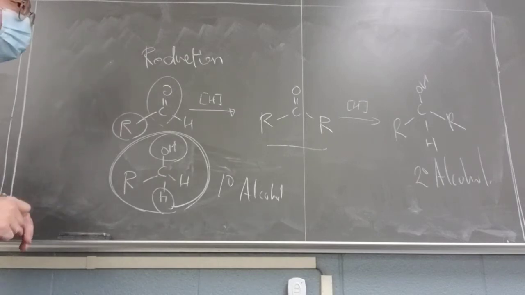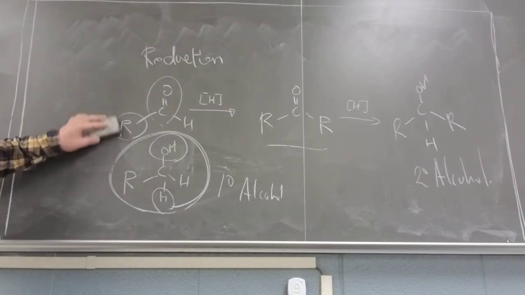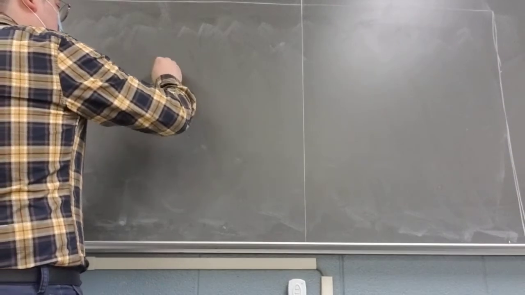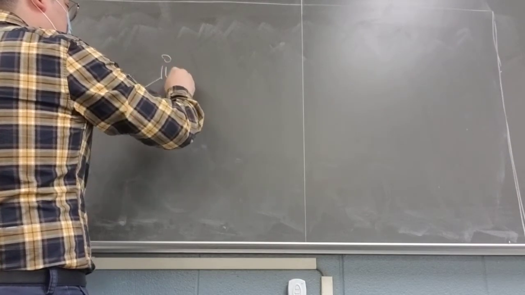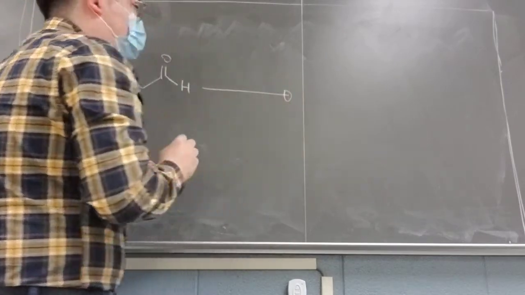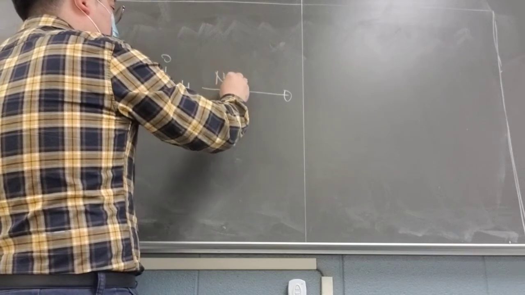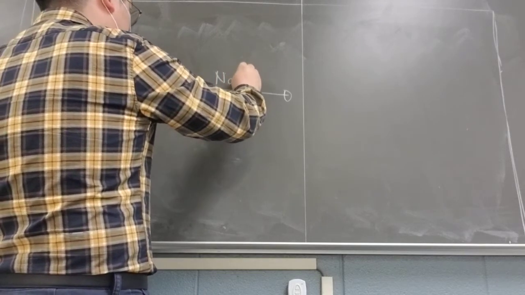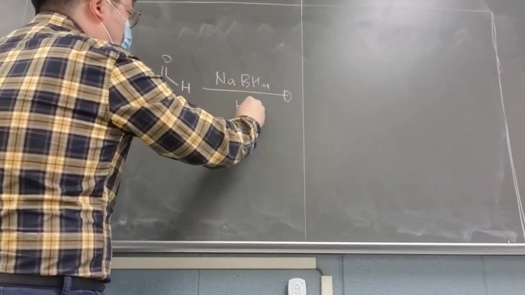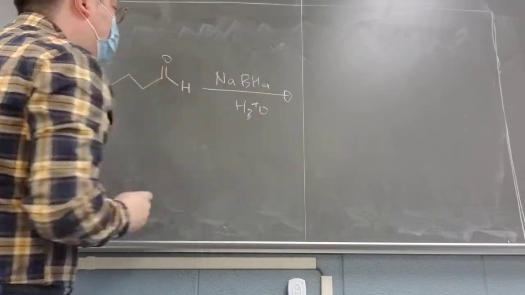Okay, let's do a problem here. How are we going to reduce the compounds with the aldehyde or ketone? If you have something like this one, we just did this one too, but think about the sodium borohydride with some acidic conditions over here.